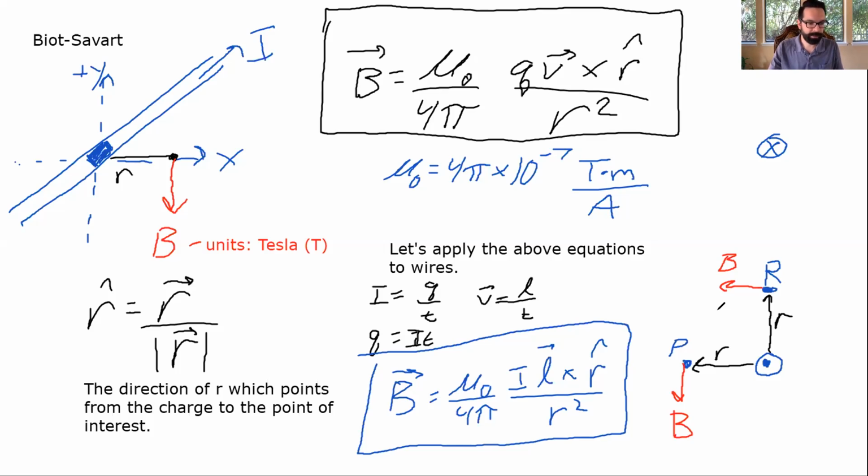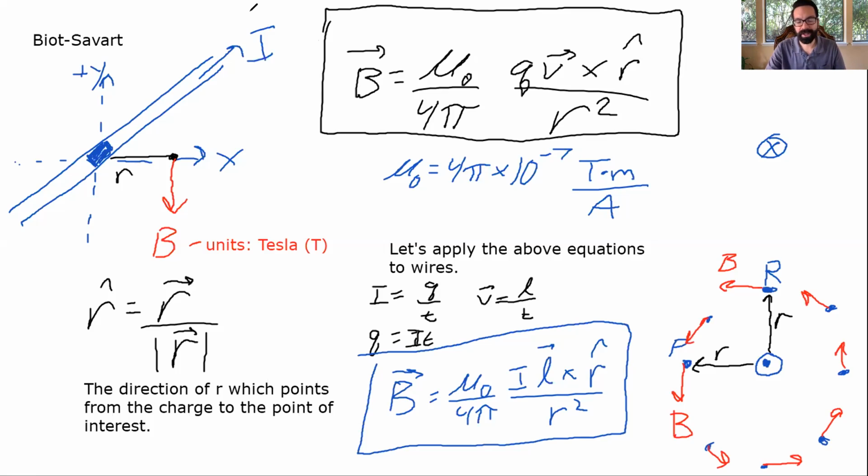Okay, let me go back to this picture here. If you do it at different points around this wire, in this circle here, pretend that makes a circle, the magnetic field will always go in the same rotational direction.